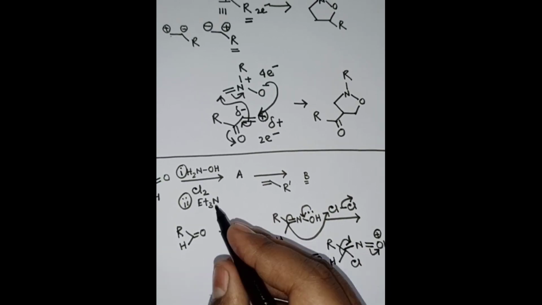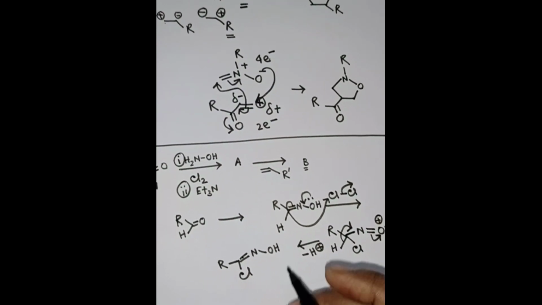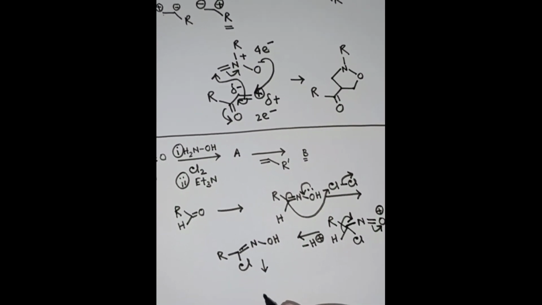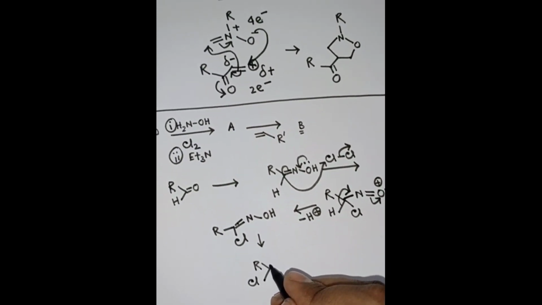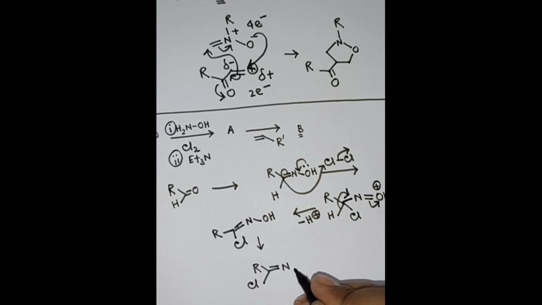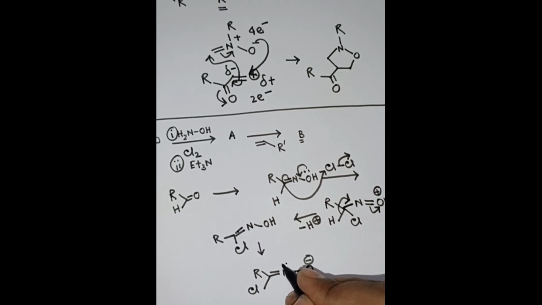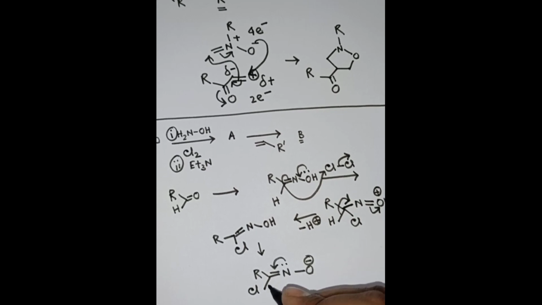which? Now triethylamine base is present. So what will happen? It will abstract one proton. So we will get this one. Now nitrogen has a lone pair. It will come here, and this chlorine will go out.